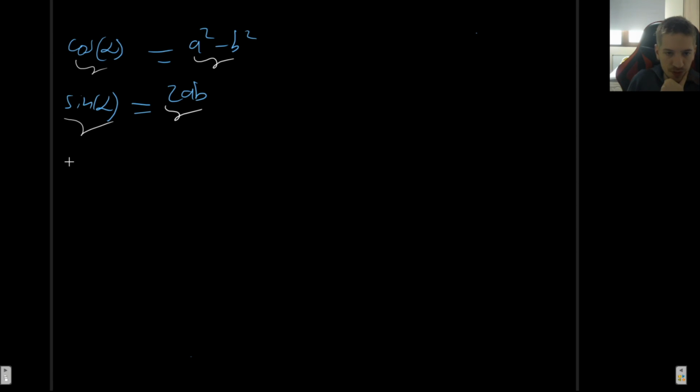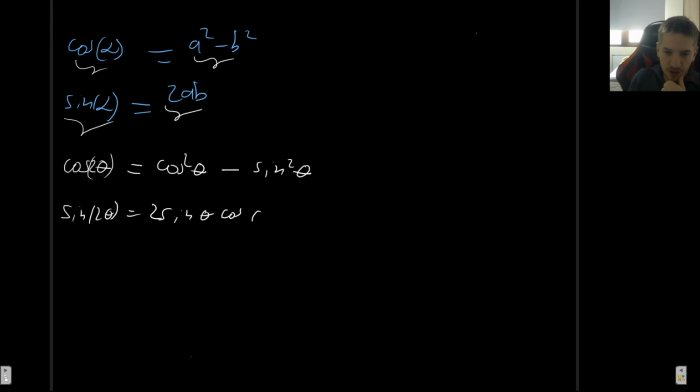Just to give you some help before I show you, if we have the cosine of 2 theta, we can write it as cosine squared of theta minus sine squared of theta. And the sine of 2 theta, we can write as 2 times the sine of theta cosine of theta. And see that this is very similar to what we have up here.